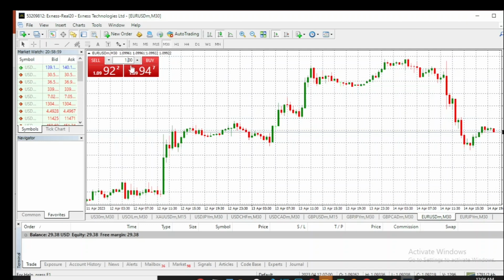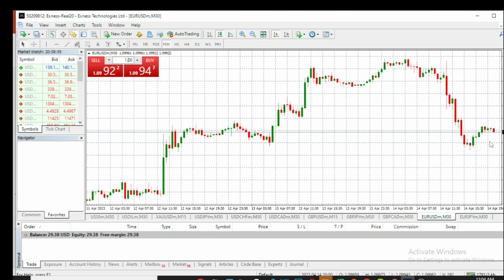You have to take into consideration the amount you have, because if you put a standard lot and you have a little amount in your account, it may just move one pip and clear your account, or it moves 10 pips and clears your account. So you have to first put the lot size before you trade, according to the amount you have.